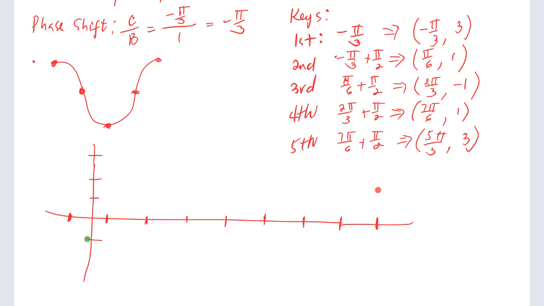All right, so I'll begin with the midline. We know that the midline is y is equal to 1. Okay, and then we have here the first point, negative pi over 3 and then 3. It's over here. And then going down, pi over 6 and then 1.